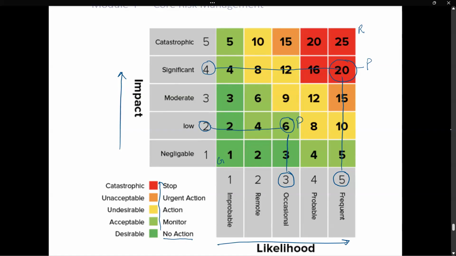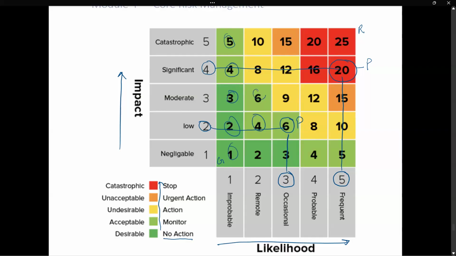Okay, so this is how you can create your heat map and identify which risk you have to work on first, which you need to work on next, and which you can ignore. Any risks that are mostly in green color, and even in this color, these are risks you can ignore for the moment.